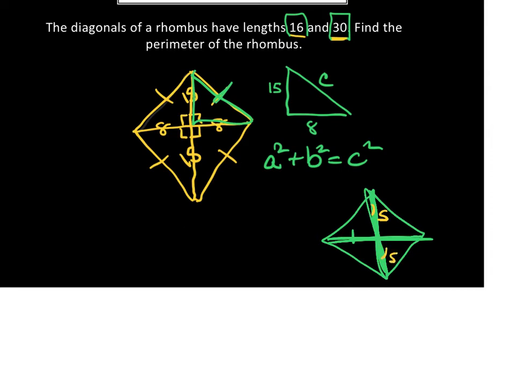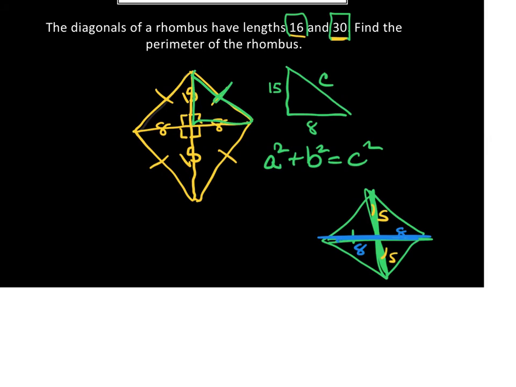And then if this whole thing here is 16, then this side would be 8 and this side would be 8. So again, I know you haven't learned about the properties of a rhombus yet, but you're going to learn that the diagonals bisect each other. They form perpendicular lines, which can make us form right triangles.